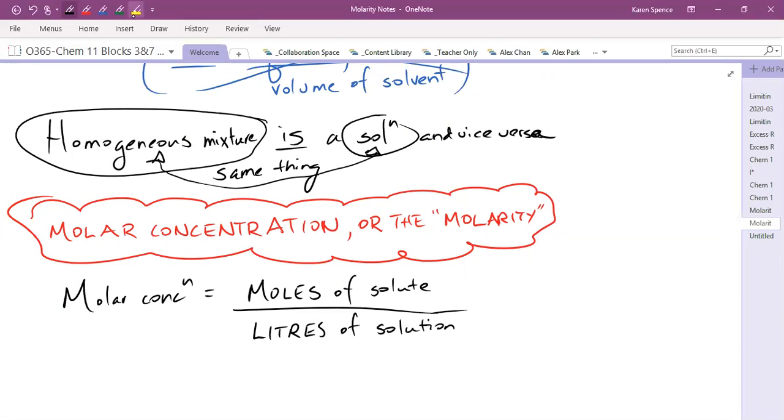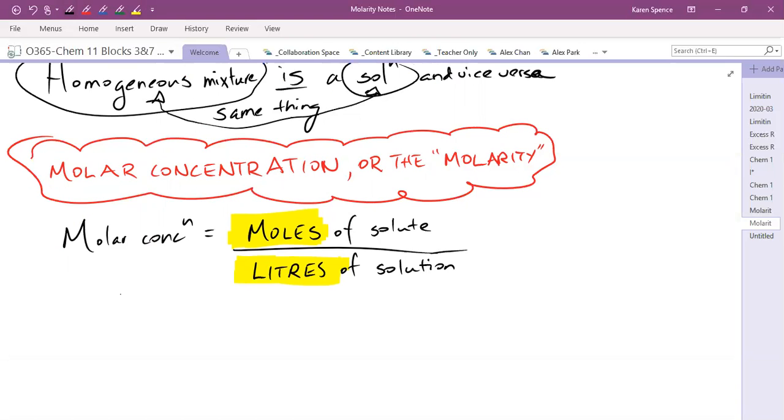So molar concentration is going to specifically have the units of moles on top and liters on the bottom. We're not going to have milliliters or grams or anything like that. It is specifically moles per liter. Molar concentration is also known as molarity.